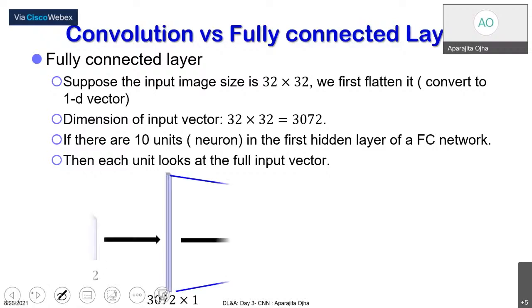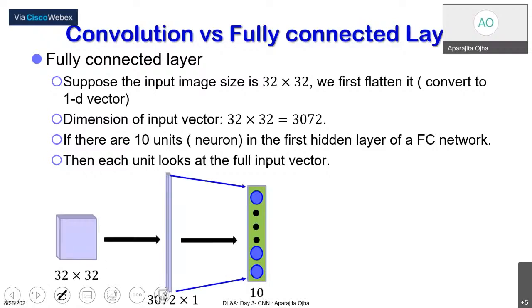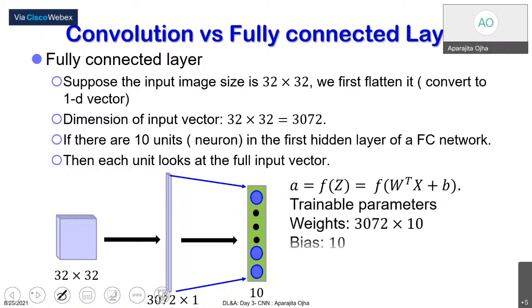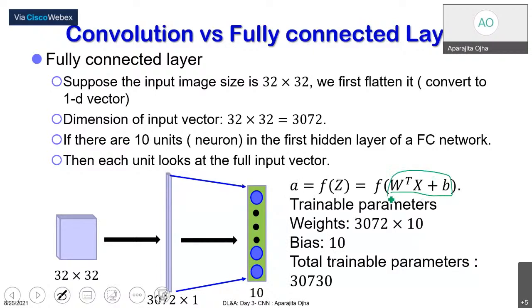So if I have a 32 cross 32 image, I will flatten it to a vector of 3072, a 1D array, and input it to 10 neurons. These 10 units are there. And then I will be getting W transpose X plus B, on which I will be applying an activation function.